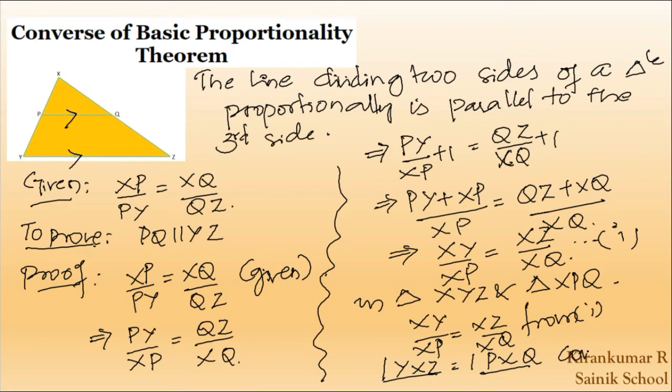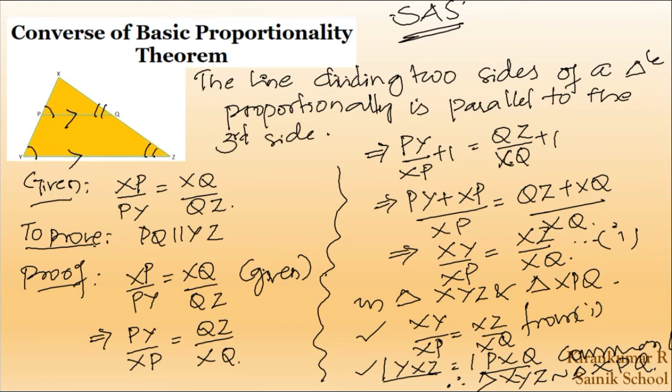This is a common angle. Now the sides are proportional and angles are equal. By SAS similarity, we can say that the triangles are similar. Therefore, triangle XYZ is similar to triangle XPQ. If XYZ and XPQ are similar, the angles are equal. These two angles will become equal.